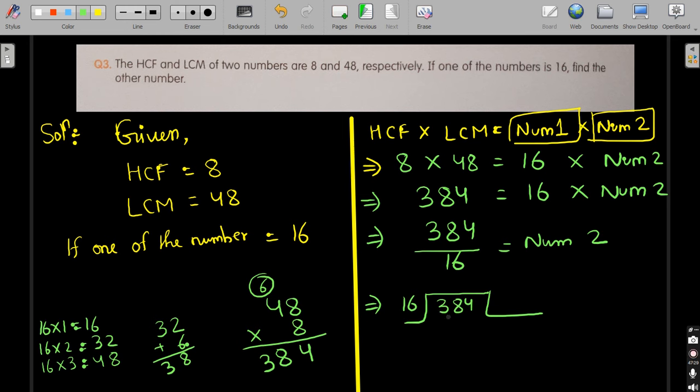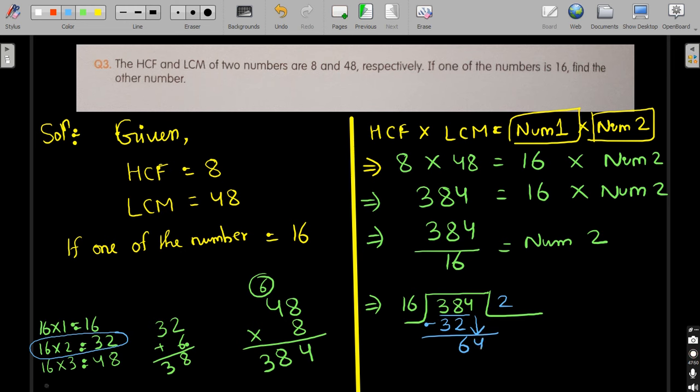Now I think up to here we will get it. I will take the first two digits, 38. 48 is more, so in 38 I can apply 16 2s are 32. Minus, how much am I getting here? 6. After that 4 will come down.